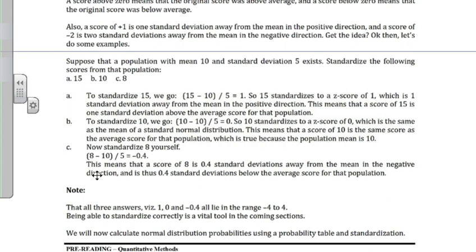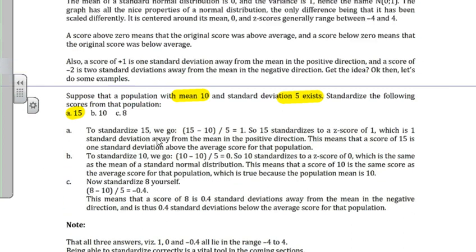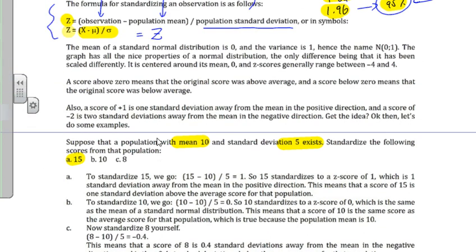Let's have a quick look over here. The population has a mean of 10, standard deviation of 5, and it says standardize the number 15. So what would we say? What do we know? Back to my formula: actual observation less the mean.